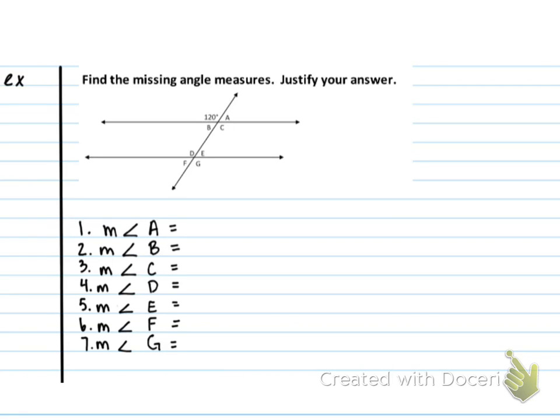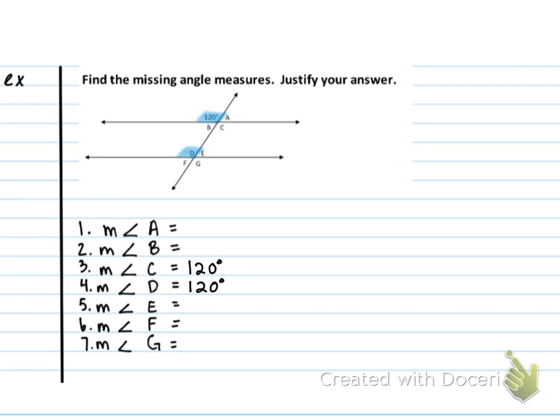So I can say that angle C is 120 degrees because they are vertical angles, they are across from each other, and they are the same. The other one that I can do is the one that is corresponding. So 120 will be the same as D. Okay, so that would be 120.